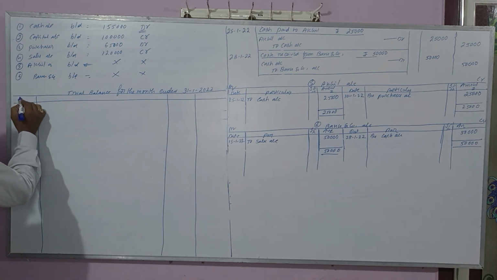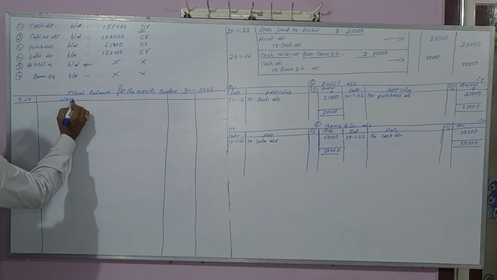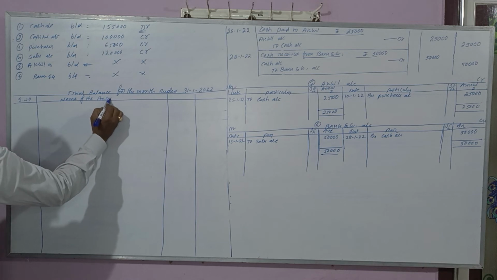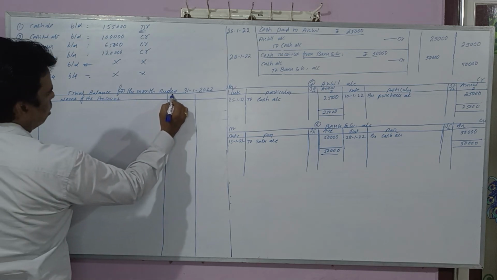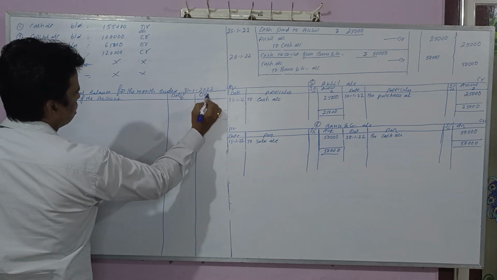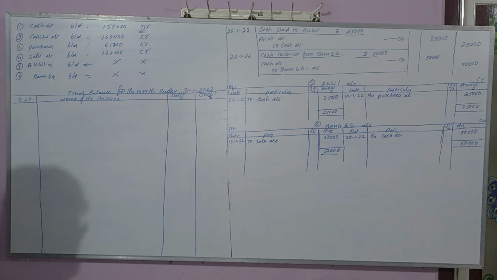Headings are serial number, name of the account, debit rupees, credit rupees, like that.